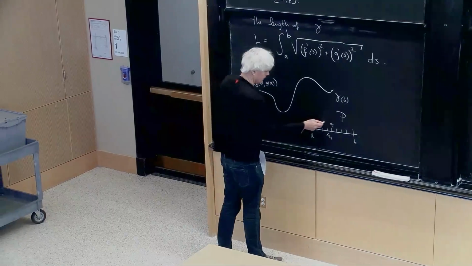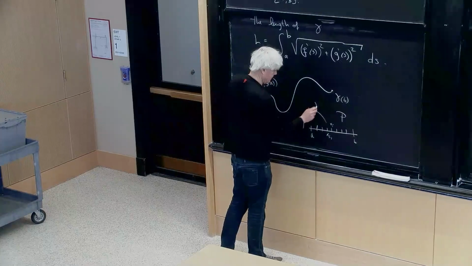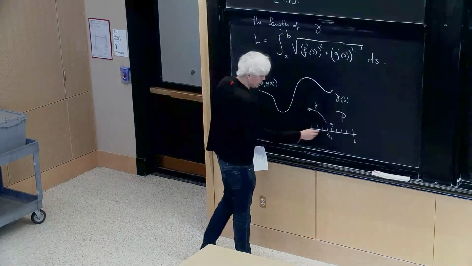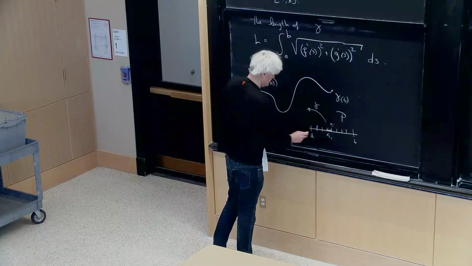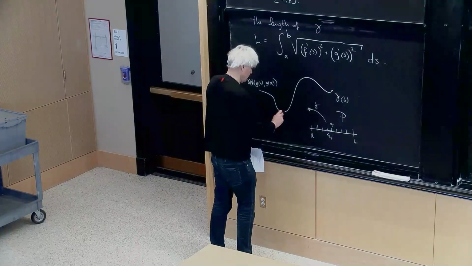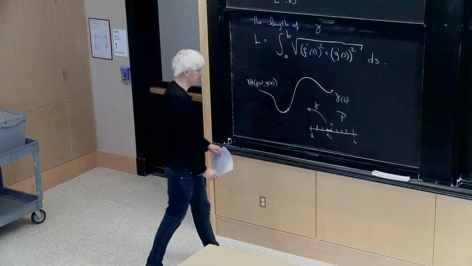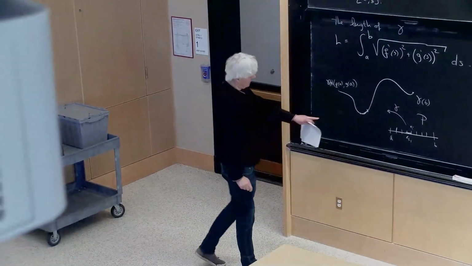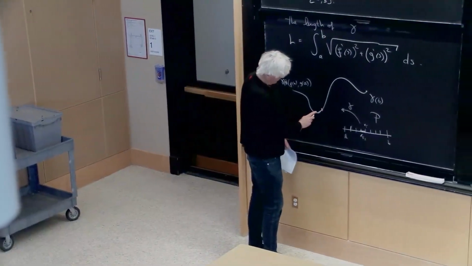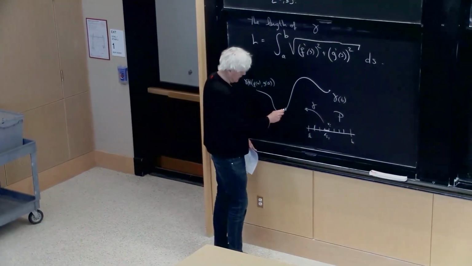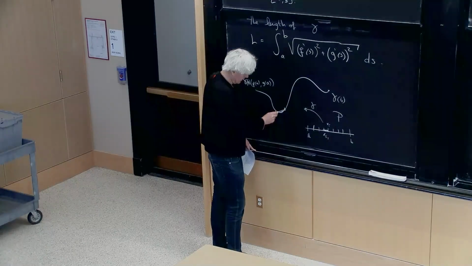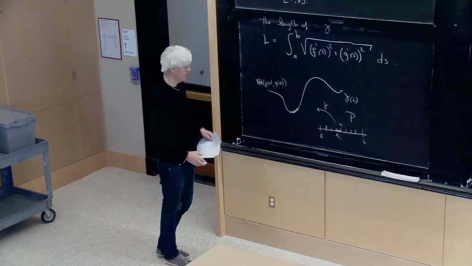And under the map gamma, this little interval here is mapped maybe into this piece of the curve. Right. Now, this piece of the curve, I will then approximate by the line segment from here to here, right?